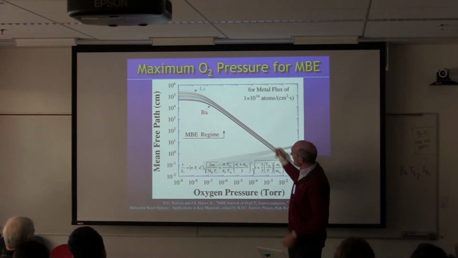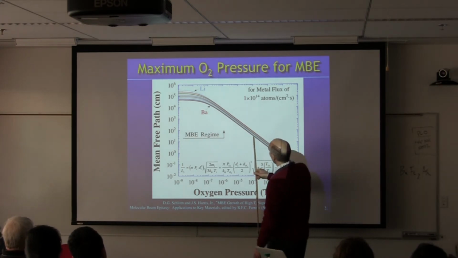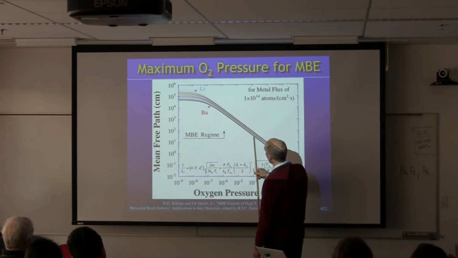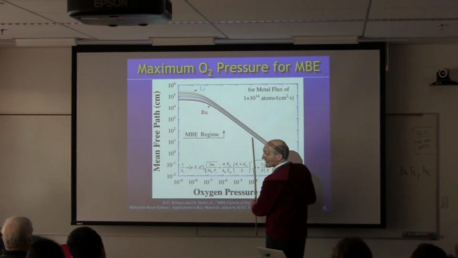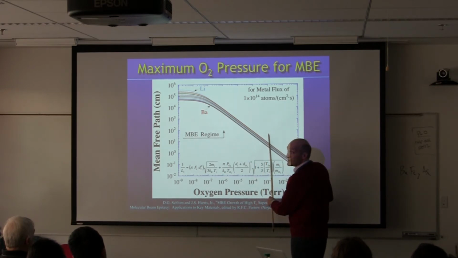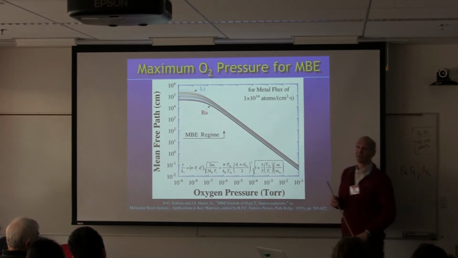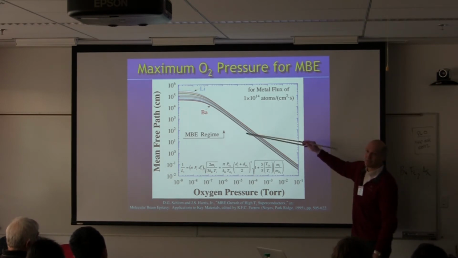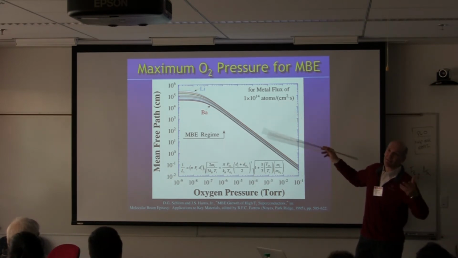So if I want to have this long mean free path, I'm limited in pressures to less than about 10 to the minus 4 torr. And a minute ago we saw I'm at 10 to the minus 3, big problems. It changes slightly depending upon the atom; a small atom like lithium gets slightly longer.